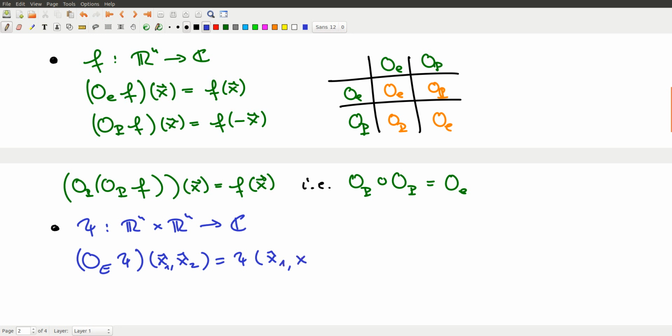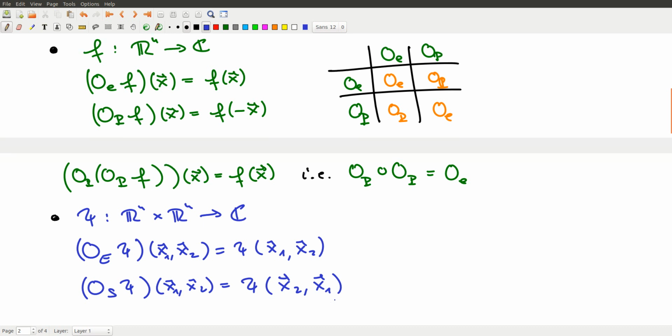So O_E will be the identity in our group again. And now second operator O_S acting on psi evaluated at x1, x2 will be psi of x2, x1. So we exchange the two arguments in the function psi. And of course, if we exchange them again, then we are back here. So O_S squared is just O_E.